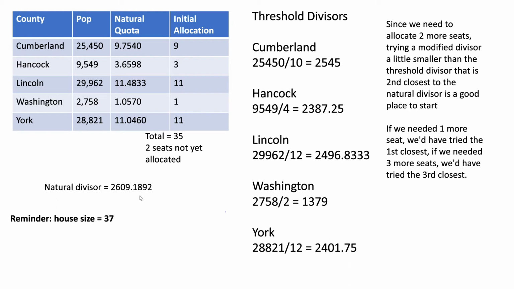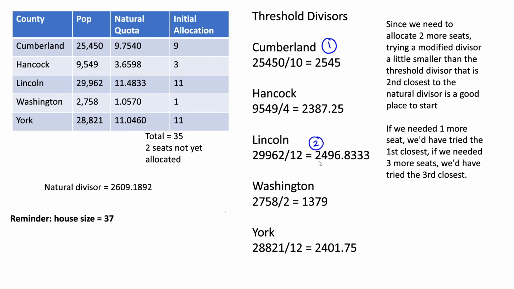If we look at our natural divisor, which is 2,609 point stuff, the first closest threshold divisor we have is for Cumberland. So that tells us if we use a divisor of 2,545, Cumberland's definitely going to get 10 seats. Now, if you remember from when we worked through this problem before, this divisor wasn't small enough because we had a divisor that was smaller than this that worked out.